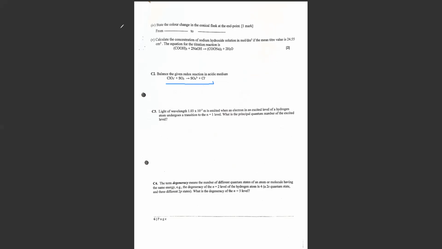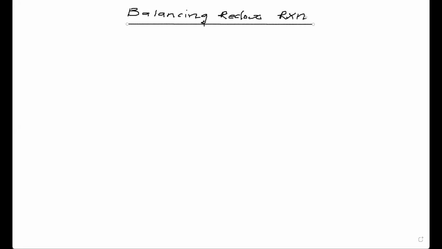Right, okay. So now, like we said, we are going to balance redox reactions. So let's get started: balancing redox reaction. What are we supposed to do?